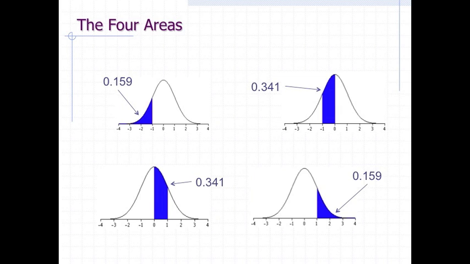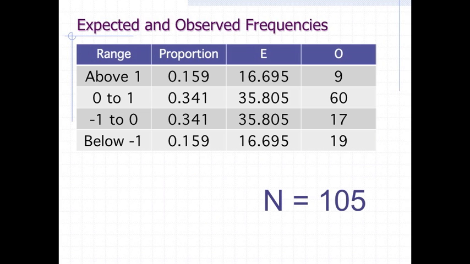These are the proportions expected if the distribution is normal. All we have to do to get the expected frequencies is to multiply the expected proportions by the number of students, which is 105. For example, the expected proportion of students with scores above 1 is 0.159. Multiplying by 105, we get the expected frequency of 16.695.